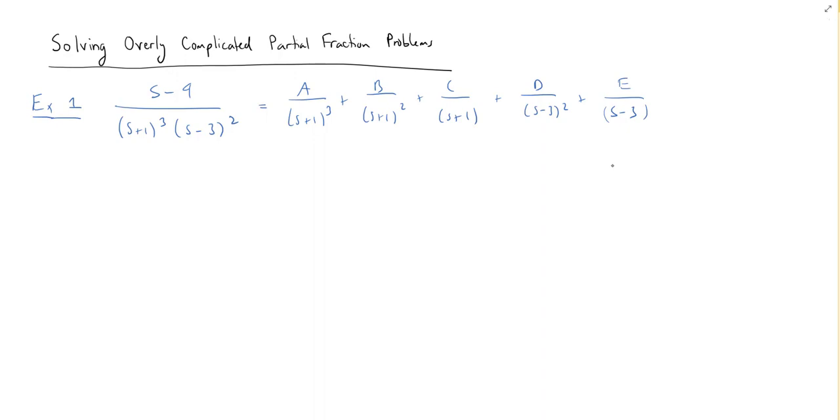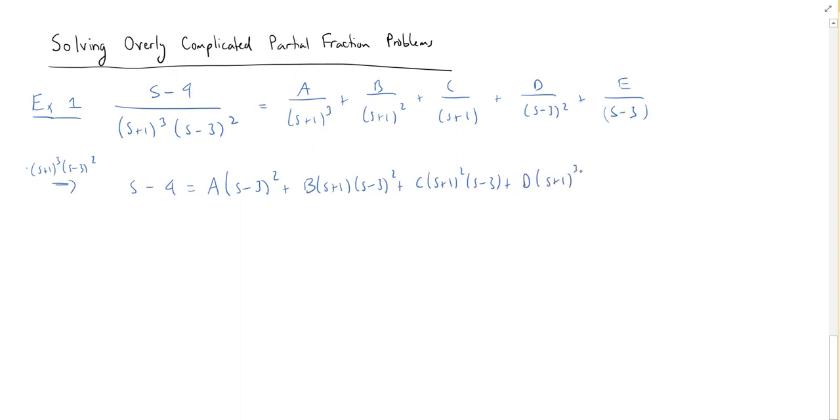And if we set it up in the traditional way, we would clear denominators, multiplying the top by (s plus 1) cubed times (s minus 3) squared, which will yield s minus 4 equals, oh boy, here we go, A times (s minus 3) squared plus B times (s plus 1) times (s minus 3) squared plus C times (s plus 1) squared times (s minus 3) plus D times (s plus 1) cubed plus E times (s plus 1) cubed times (s minus 3).